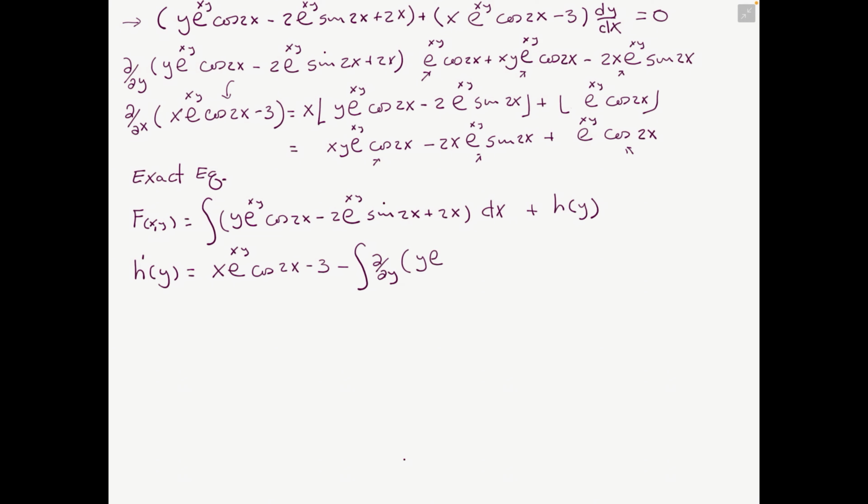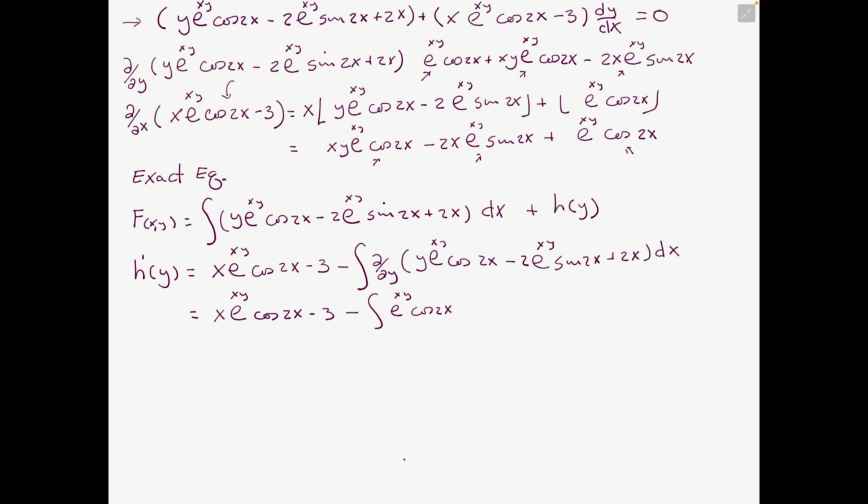And h prime of y is equal to x e to the xy cos 2x minus 3 minus d dy of the integral of y e to the xy cos 2x minus 2e to the xy sine of 2x plus 2x dx.